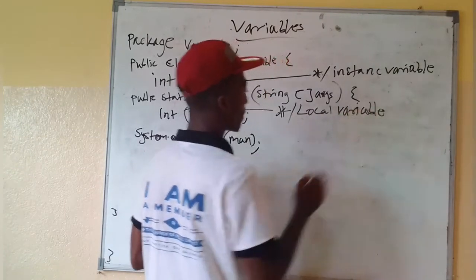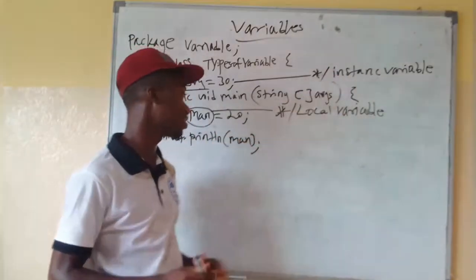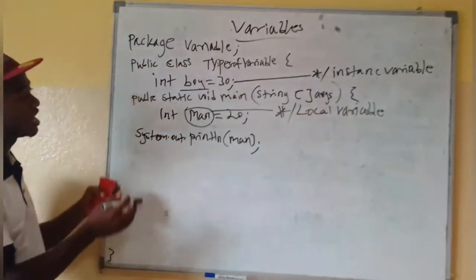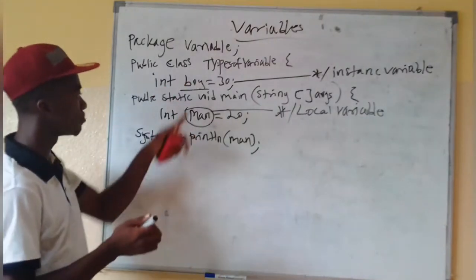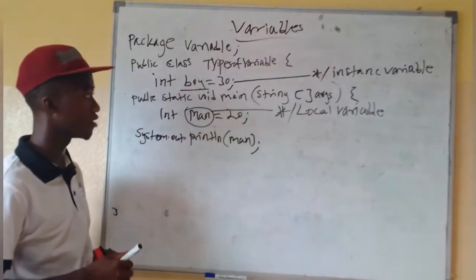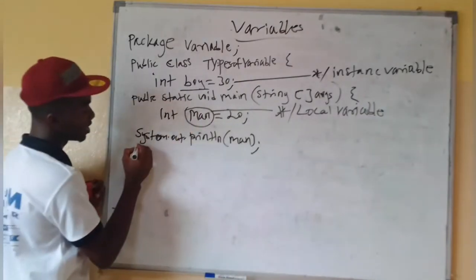Okay, this one is what? Local variable, this is an instance variable. Okay, now if you want to print for this variable, the instance variable, you don't have to say it like this.